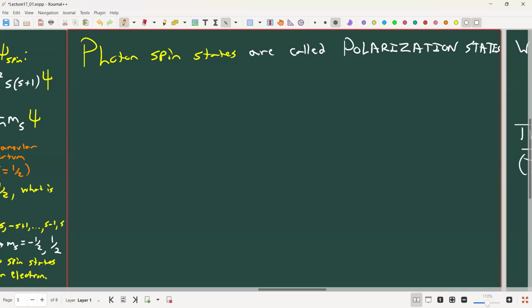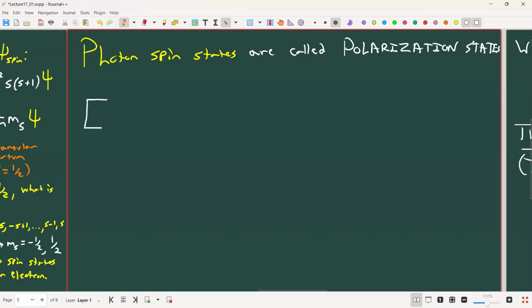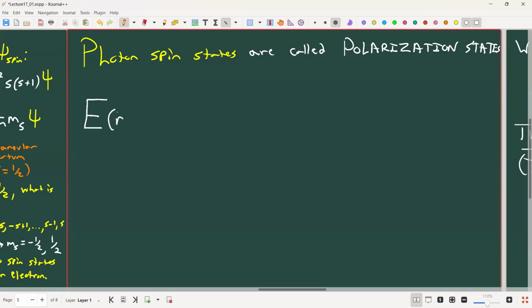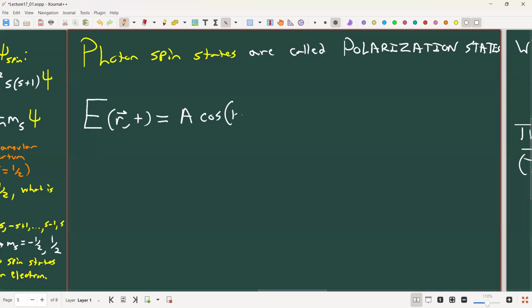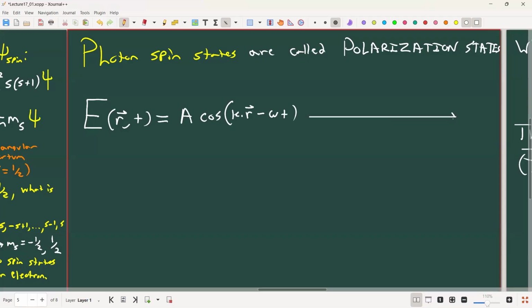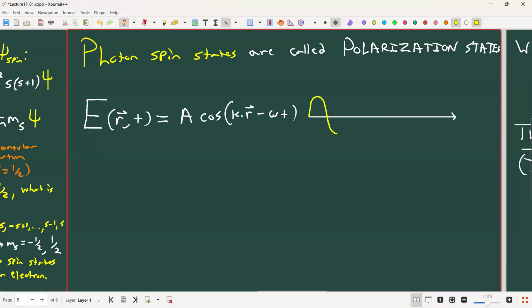Let's talk about polarization. Remember, the electric field is a wave. It's got a field that propagates through space. It has a spatial component minus a temporal component, so we can draw on an axis the spatial component of the wave.